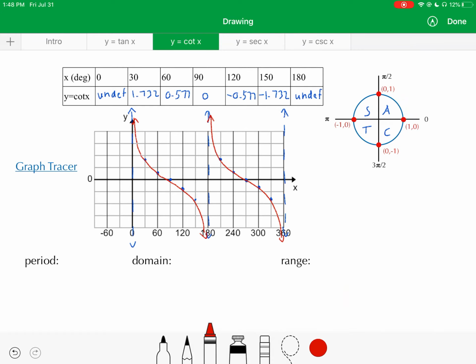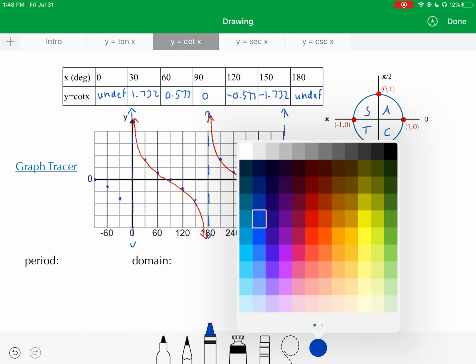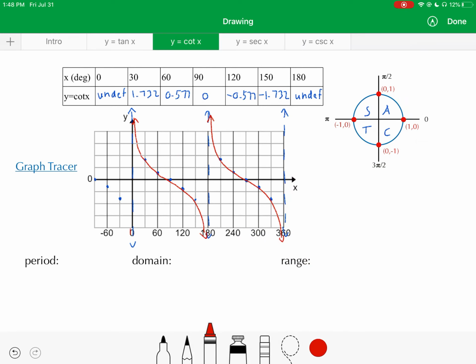Then we can carry these patterns over into the negatives as well. Obviously this is very similar behavior to the tangent function. It's just that your asymptotes have been shifted, and notice that between each asymptote the curves are now decreasing.